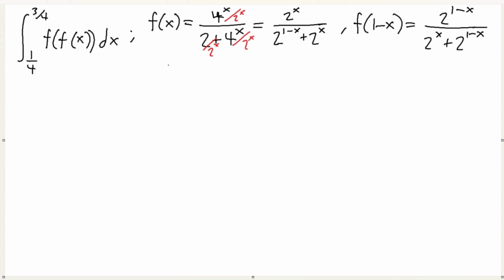Now what? Well, let's keep in mind that these two functions add up to 1. Keep this in mind. I know it's a lot to take in, but just keep this in mind. Again, this integral is a very, very difficult integral.